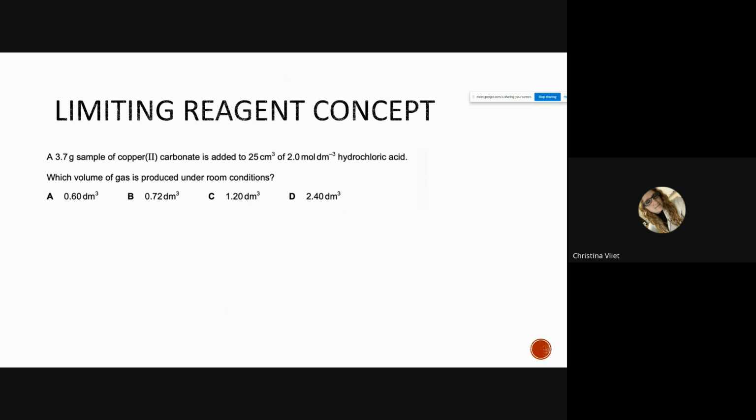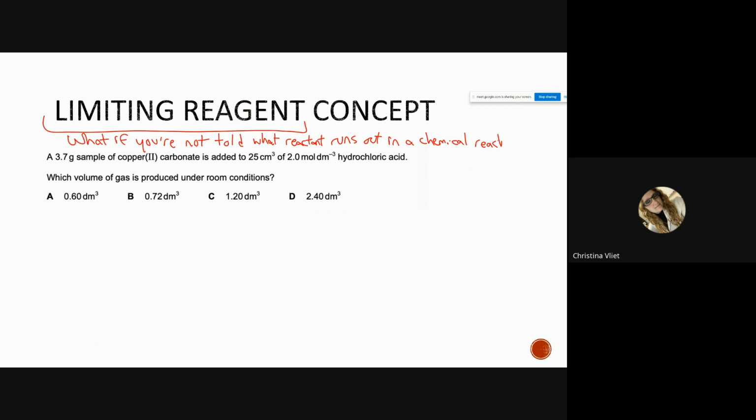The concept of the limiting reagent is, what if you're not told what reactant runs out in a chemical reaction?